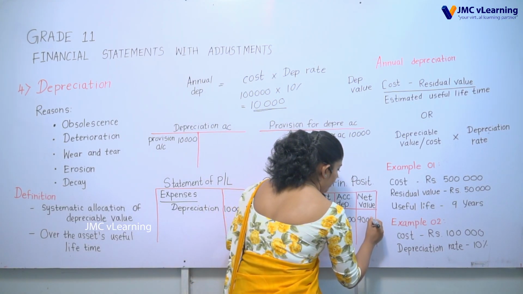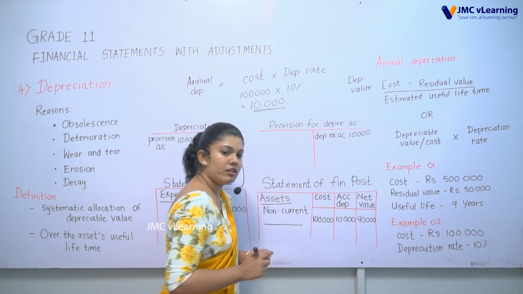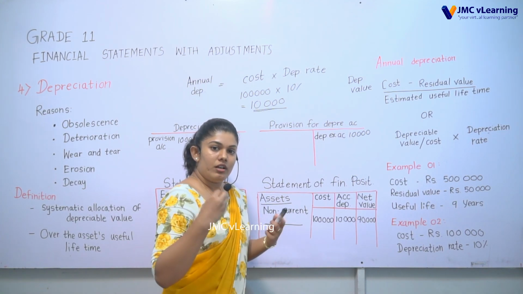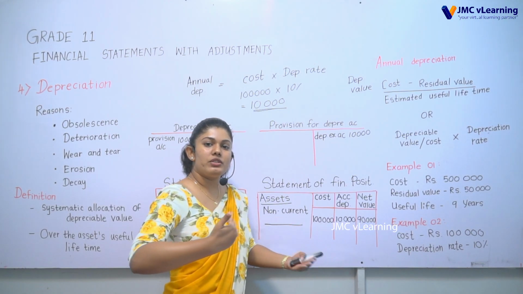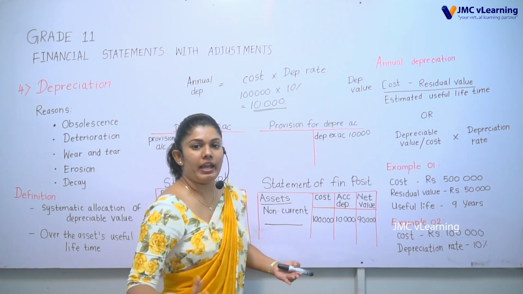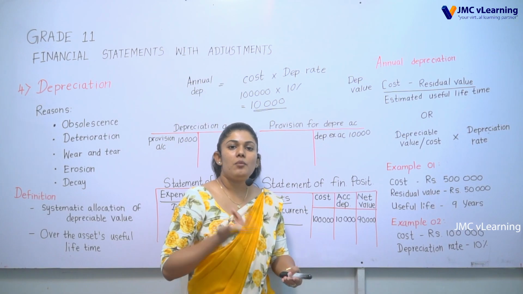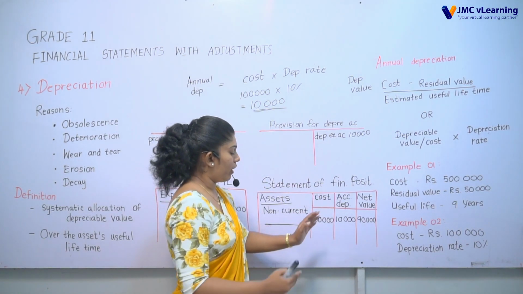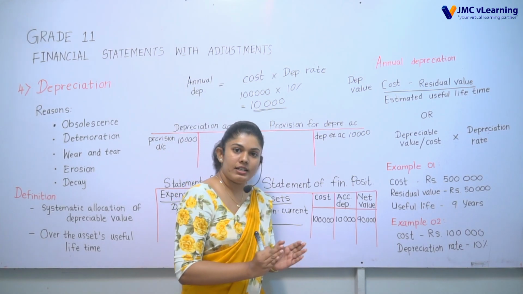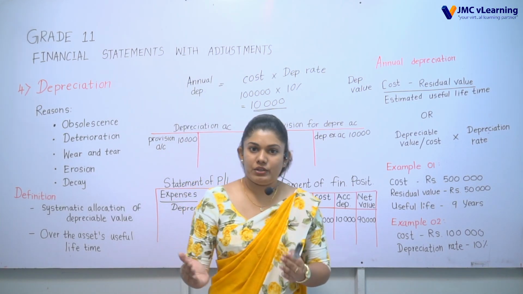We only have 90,000 worth of asset for today because 10,000 has already decayed, worn off or become obsolete. So, this is the way of recording the basic depreciation entries.